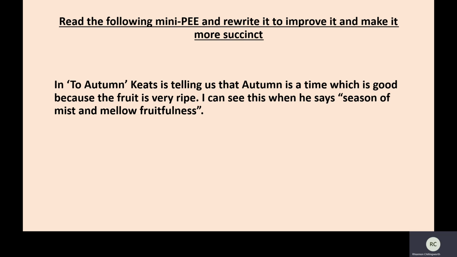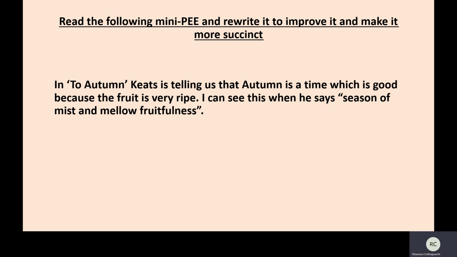So just have a little think. What is the problem with writing a mini PE that looks like this? So hopefully you've realised several things here. Firstly, this person's quotation is far too long.